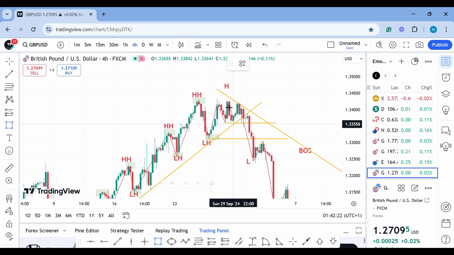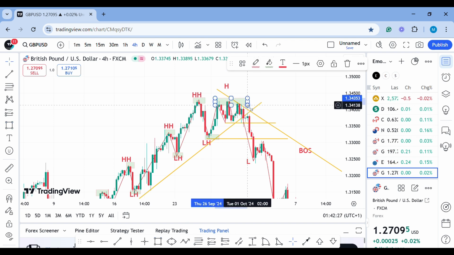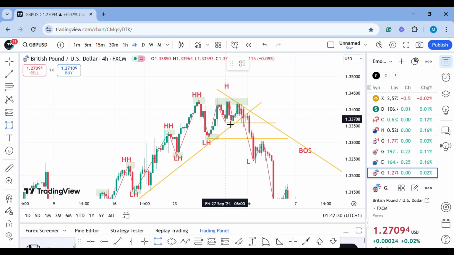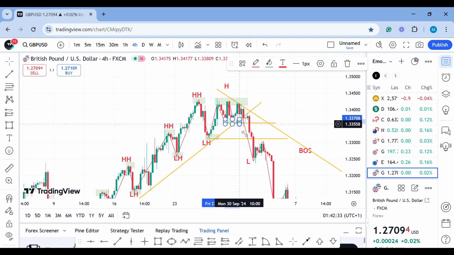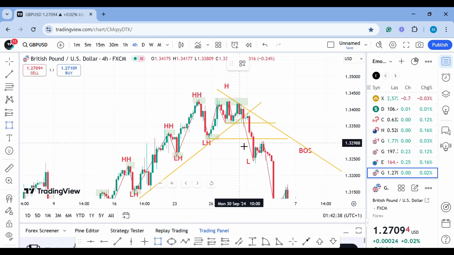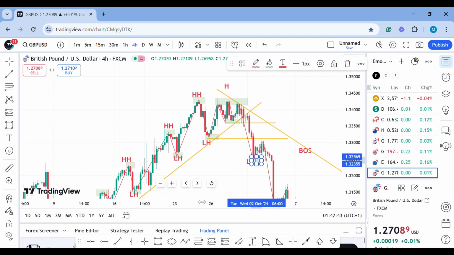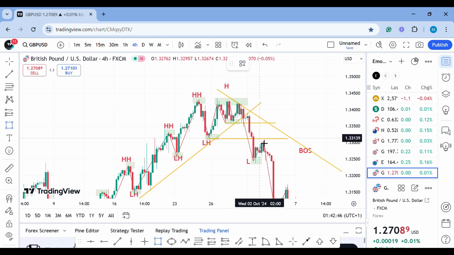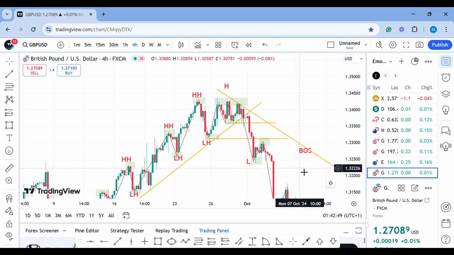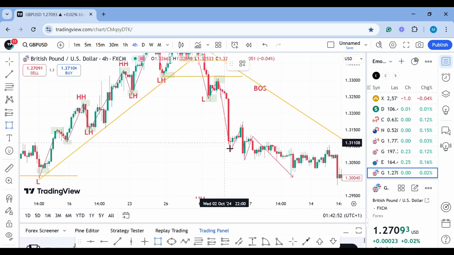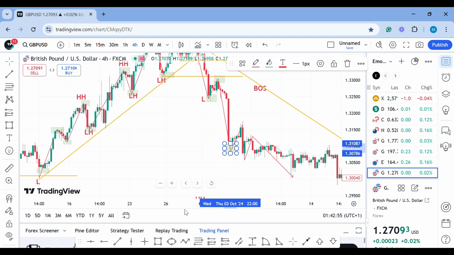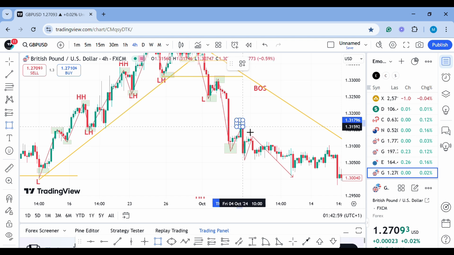You can see why I just want to make this across these three, then this across these two, then this one gave birth to this low, and this, just for us to identify the minor zone and to know what we are doing.